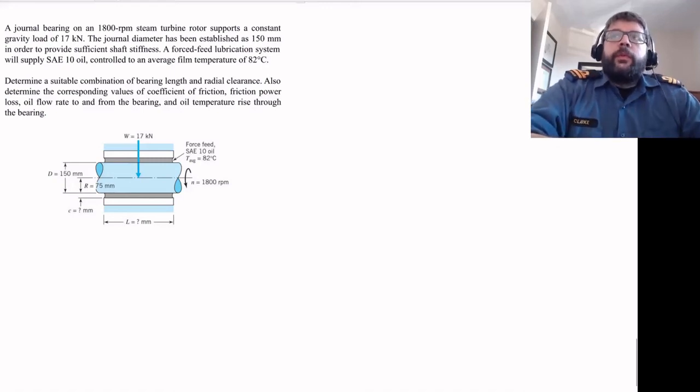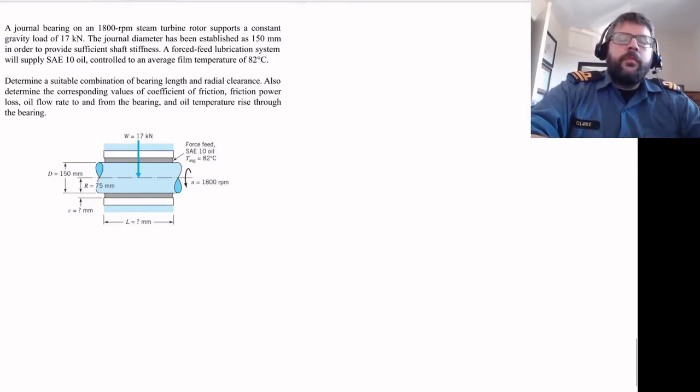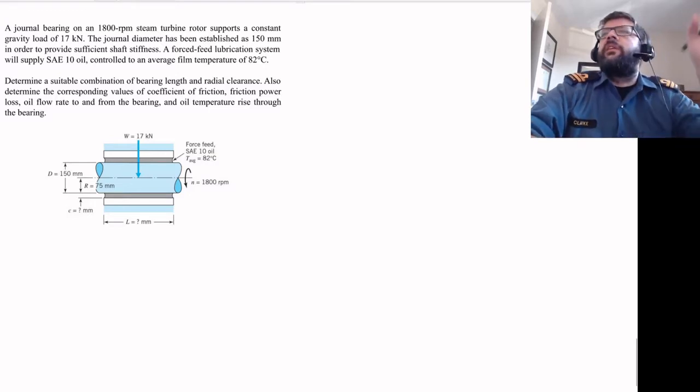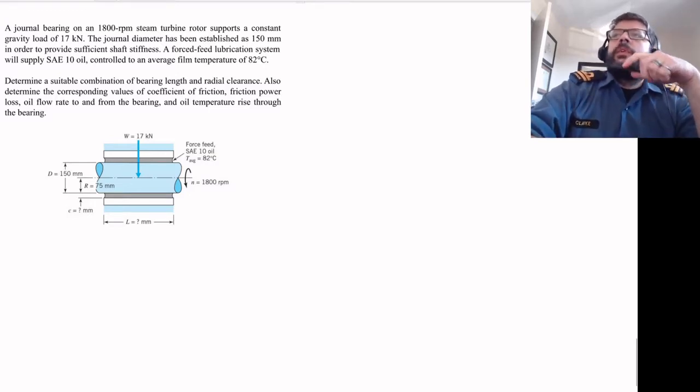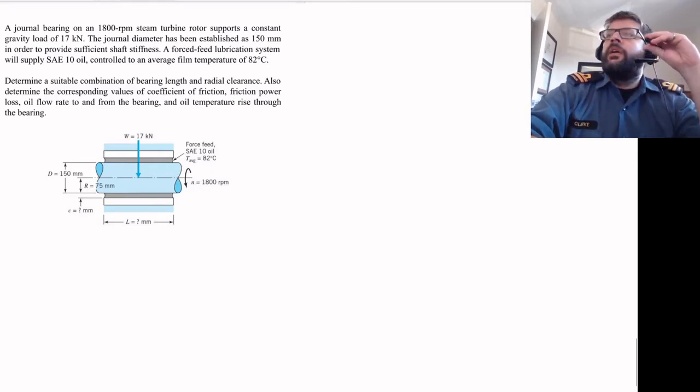Okay, so let's work through an example here. We've got this journal bearing on a steam turbine rotor. It's got a load of 17 kilonewtons, and we're looking to determine some parameters for this bearing.